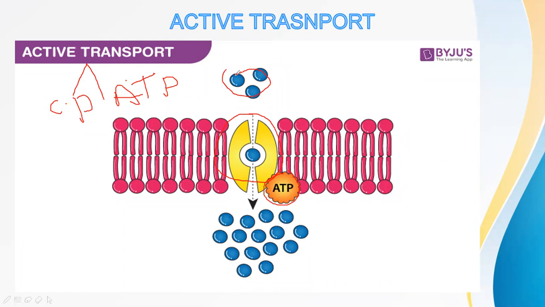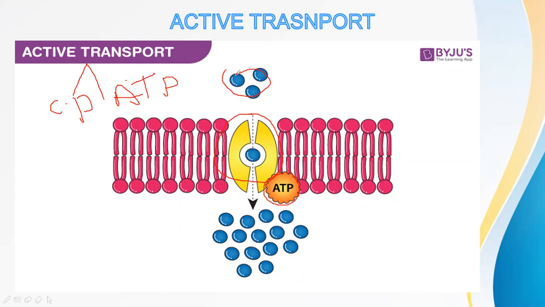So what are the reasons? There are some reasons for the slowdown of active transport. If the carrier proteins slow down or cease, the carrier proteins cannot function.